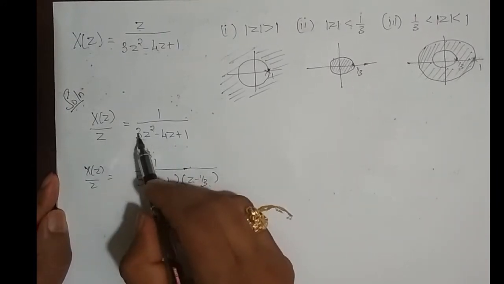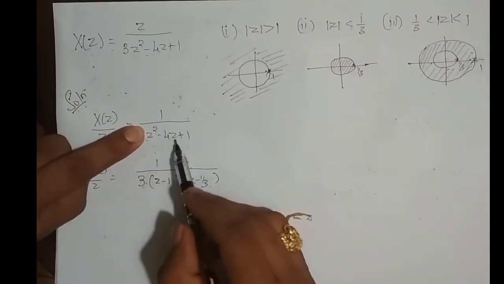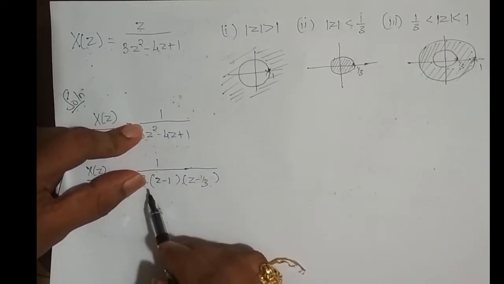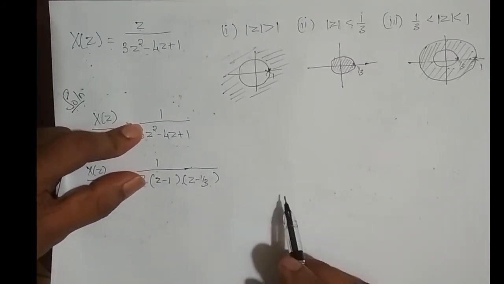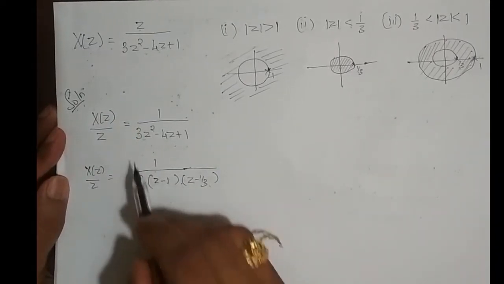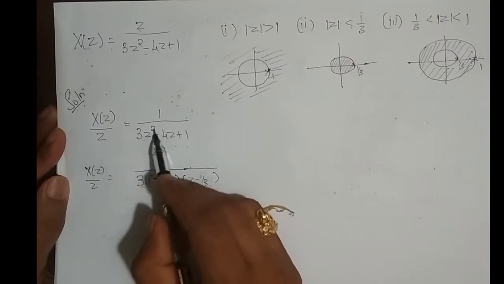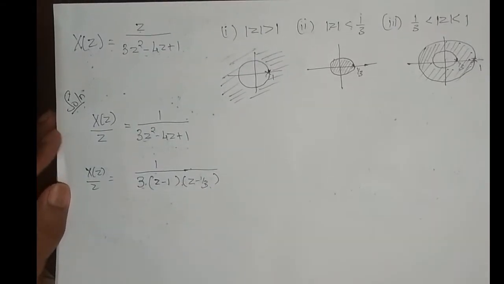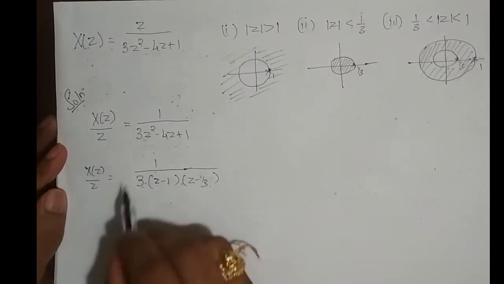If it is just z square minus 4z plus 1, it will be 1. I repeat again, because you people make this mistake. So don't make this mistake.